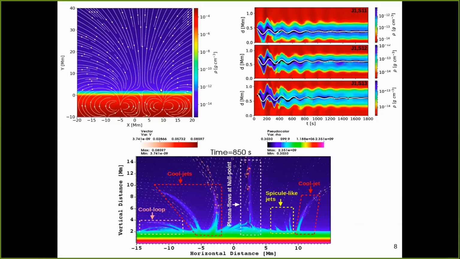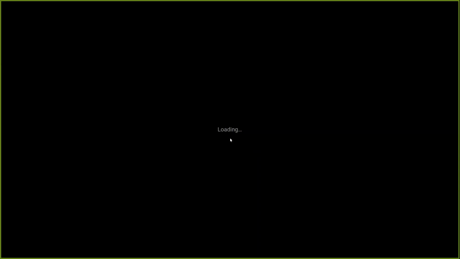You can see here the null point geometry magnetic field, and there are some oscillations present in these jet-like phenomena, which I will discuss later when we start the project. And you can see here the cool loop formation, cool jets. Why we say cool jets, we will discuss later when we start the project. And these are some spicule-like jet plasma flows at the null points. So all these things, when we model and start the project, we will discuss. And you can see here there are some transient, cool jet-like phenomena.